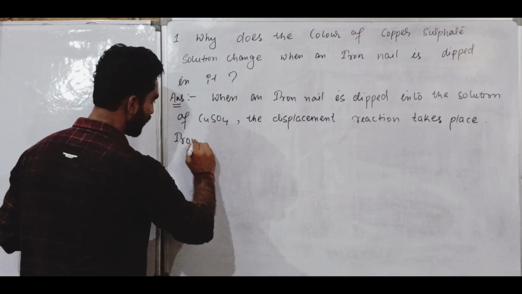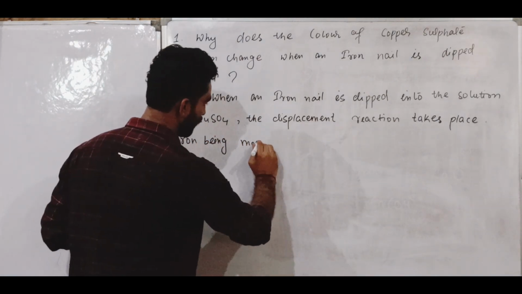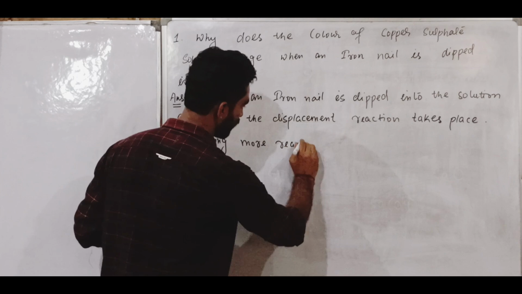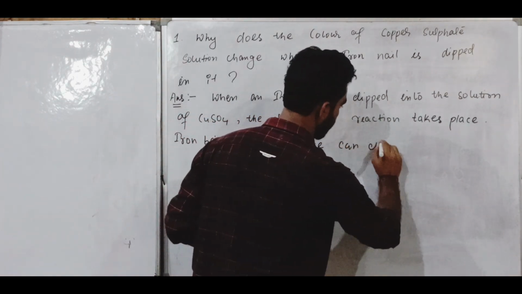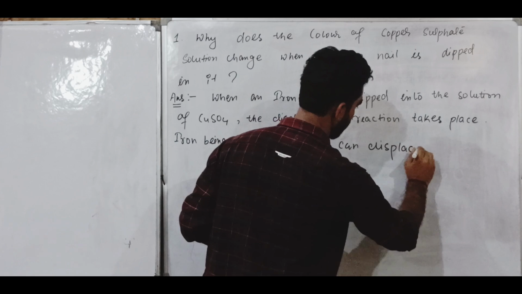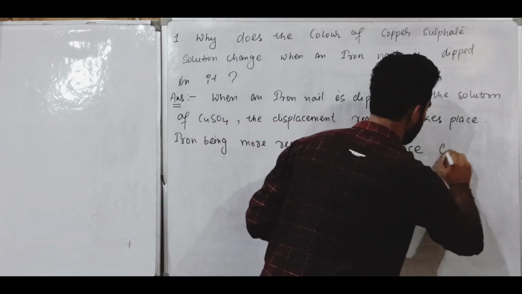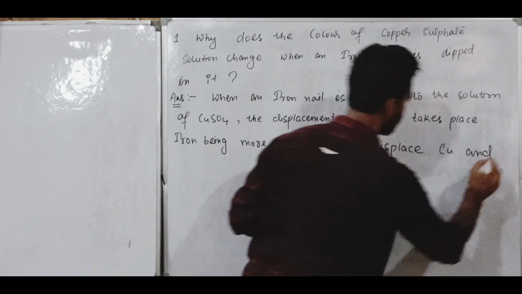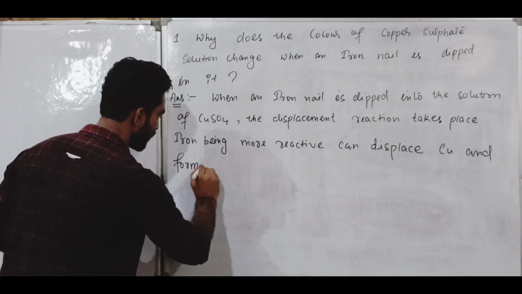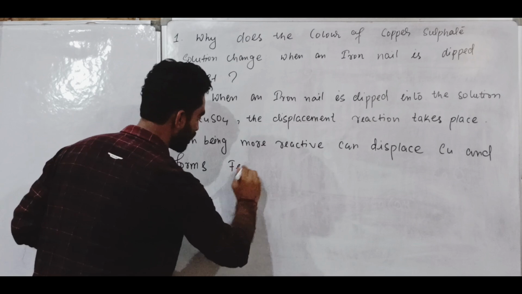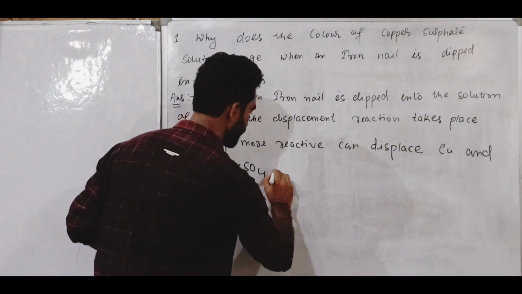Iron being more reactive can displace copper and forms ferrous sulfate or iron sulfate.